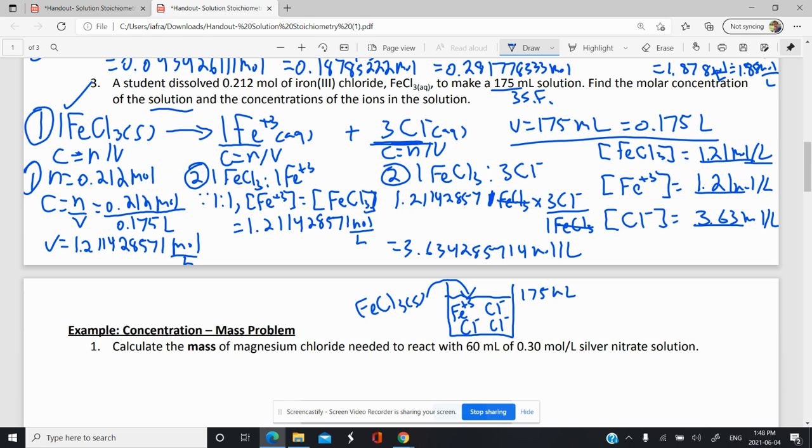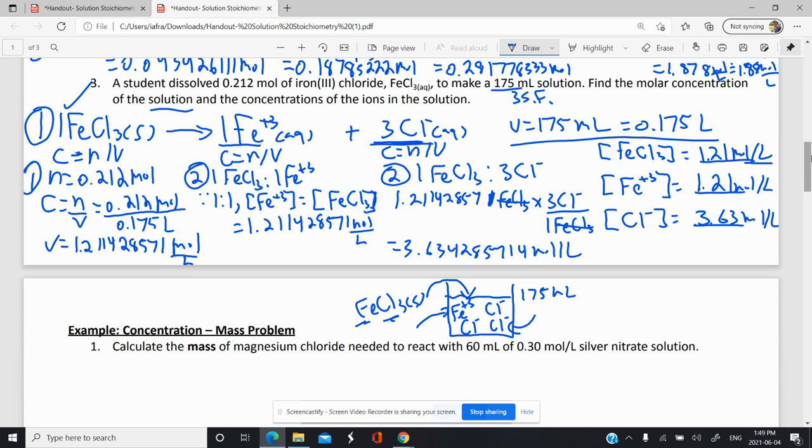So you might have 6 and 2, or 6 moles and 2 moles, for example, or 3 moles and 1 mole. So that's what it kind of looks like in there. And so they have different concentrations: you'd have a higher concentration of Cl- because there's more that dissolves, since there's 3 in that compound. And you have a lower concentration of Fe3+ because there's only 1 in that compound, so it contributes a little bit less to the concentration of that solution overall.